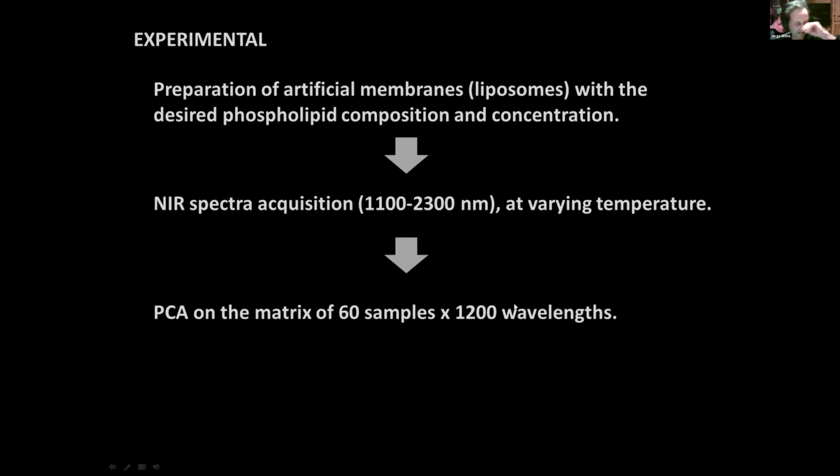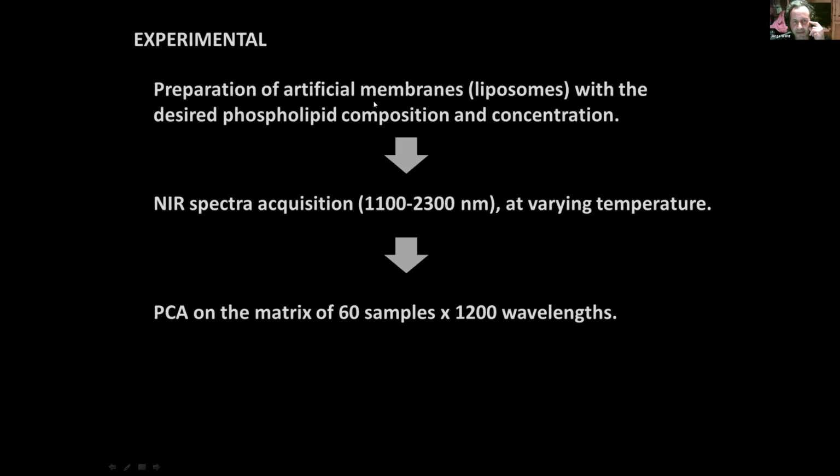This is a simplified scheme of the approach I propose. We prepare artificial membranes. We make liposomes, where you can control the type and the concentration of the phospholipid used to prepare the membranes.